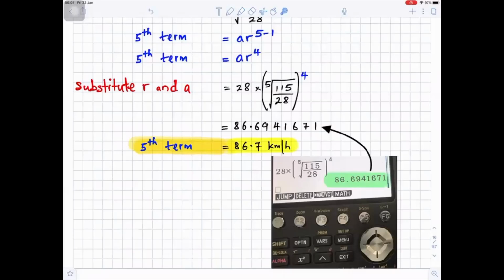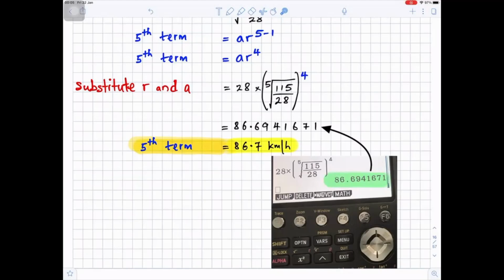So in the Casio calculator, you will put 28, then the bracket, and then the fifth root of 115 divided by 28, to the power 4, and that will give you 86.694.